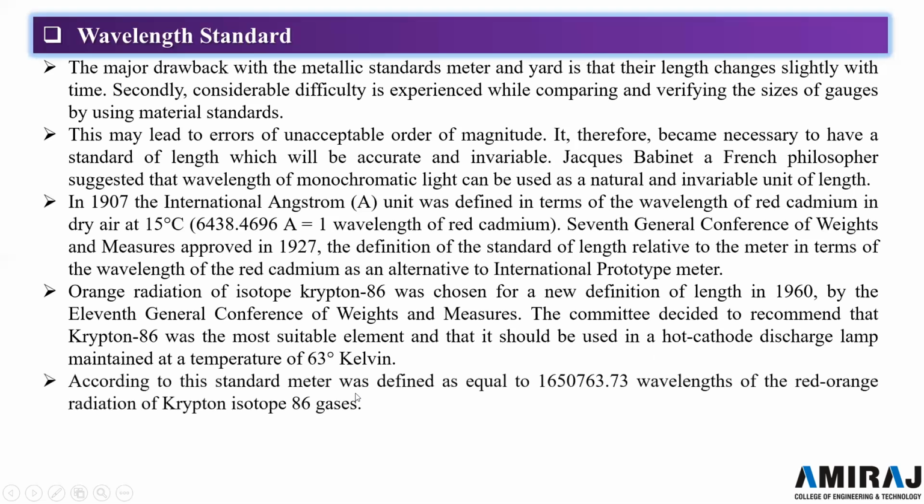According to this standard, the meter was defined as equal to 1650763.73 wavelengths of the red orange radiation of krypton isotope 86. This was equal to 1 meter according to this standard.